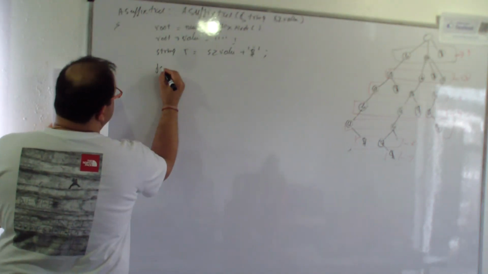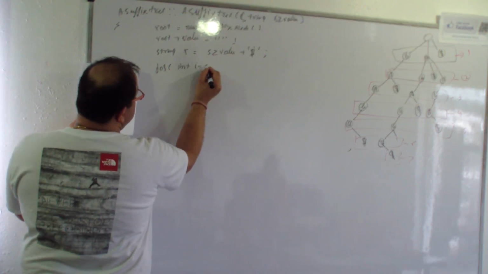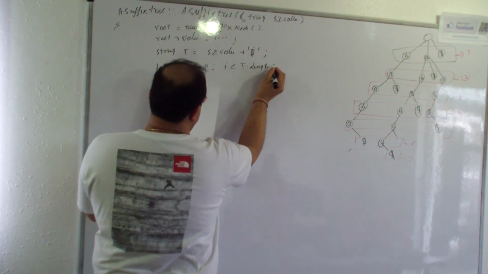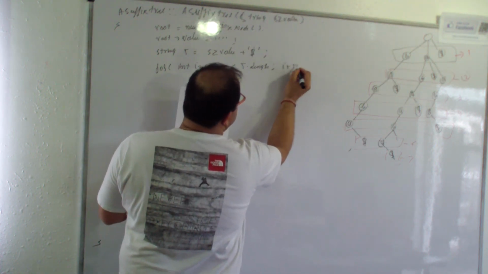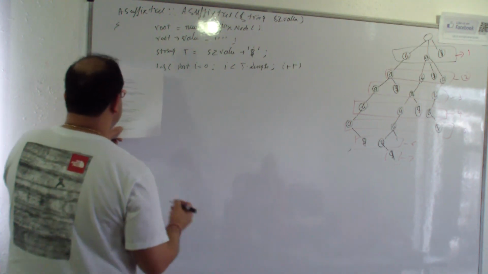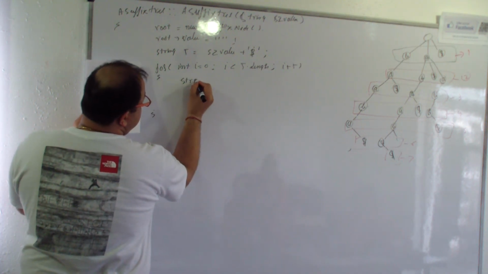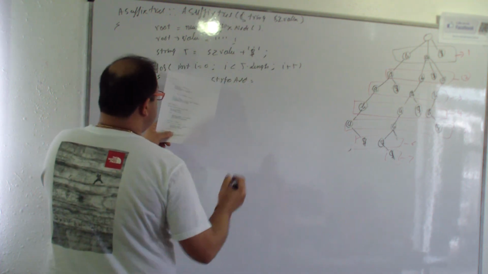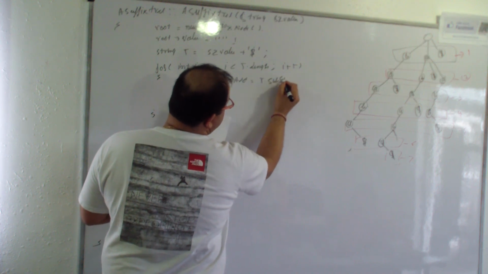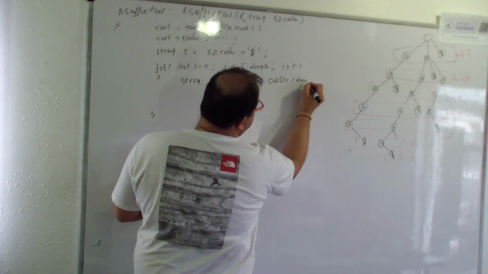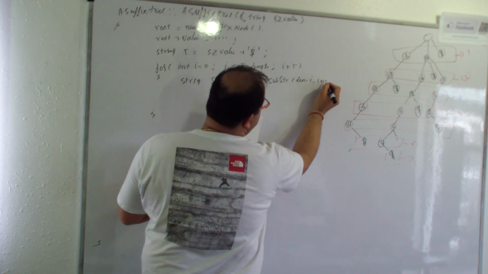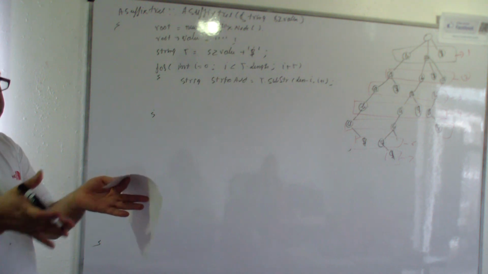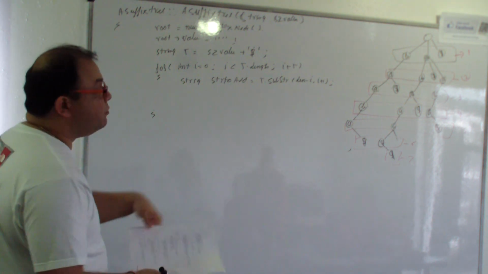Then for integer i equal to 0, i less than t dot length, i plus plus, string str to add is equal to t dot substring from length minus i comma i plus 1. So similar code like the previous one, we'll find the suffix.